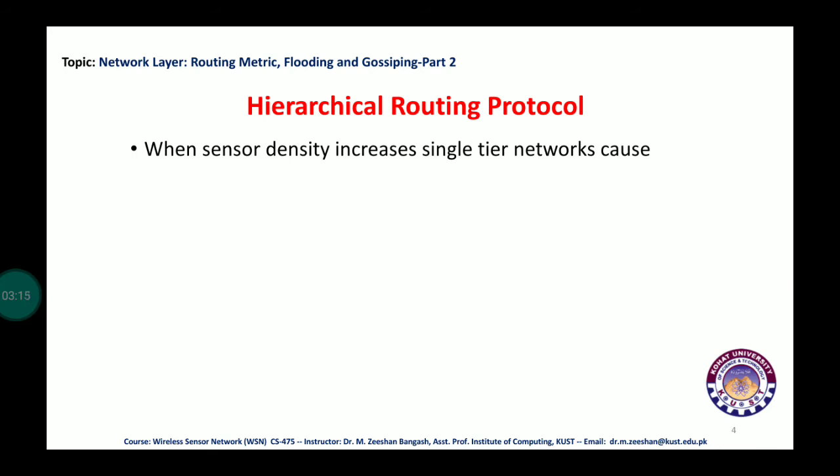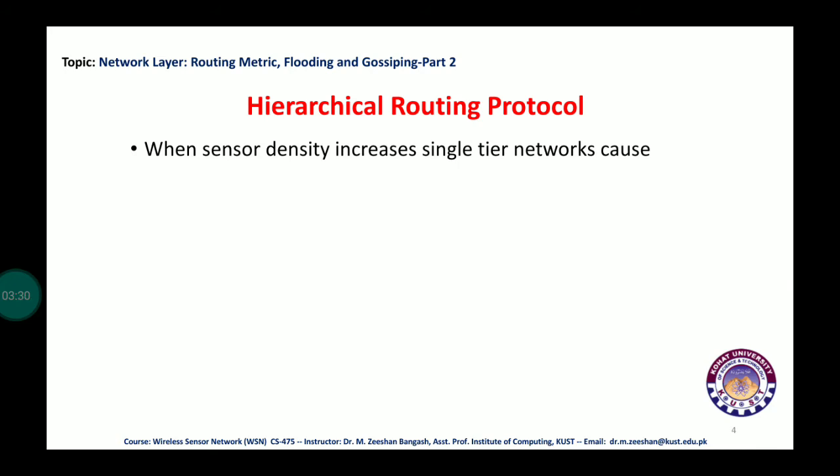Within the cluster, some routing mechanisms need to be implemented, that may be a data driven protocol, that may be an event oriented or a query based one. So that depends upon the scenario.